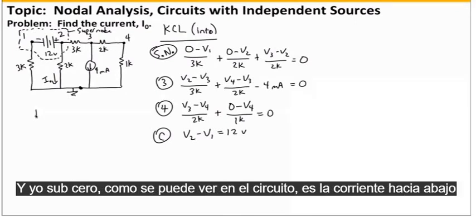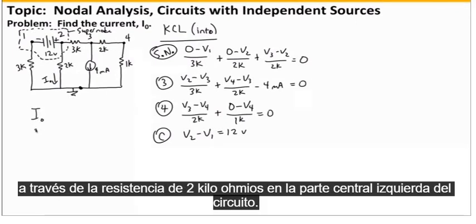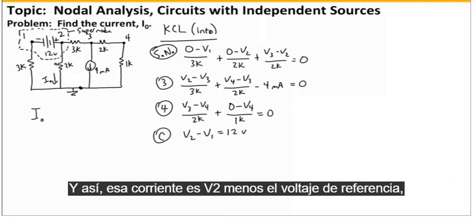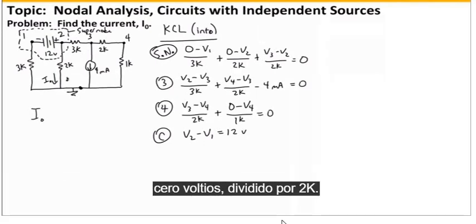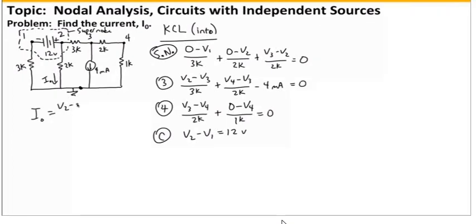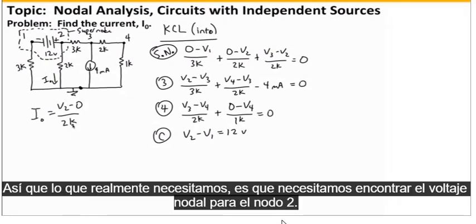I sub 0, as you can see from the circuit, is the current down through the 2 kilo ohm resistor on the center left part of the circuit. That current is V2 minus the reference voltage, 0 volts, divided by 2K. So what we really need is the nodal voltage for node 2.